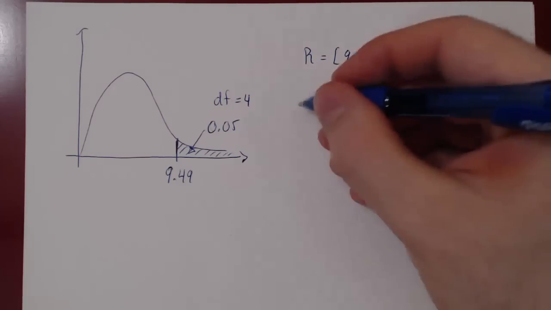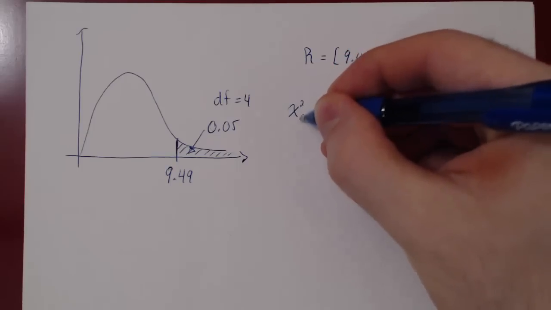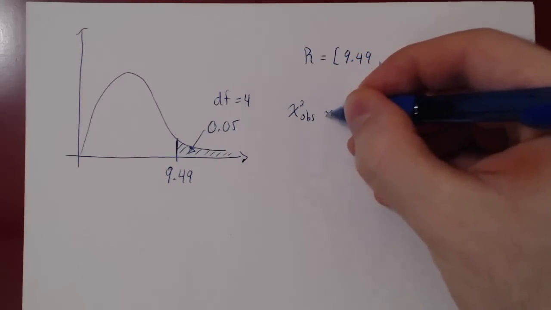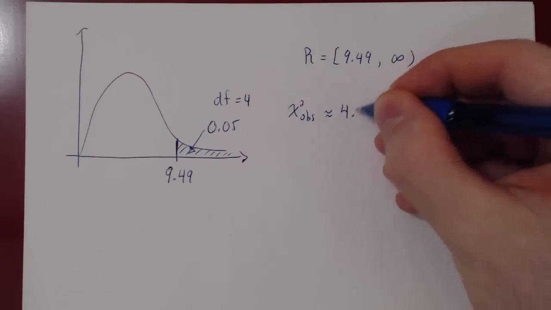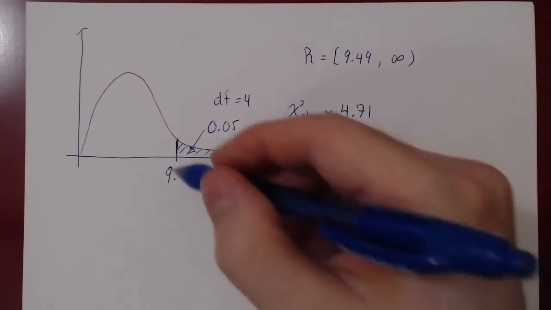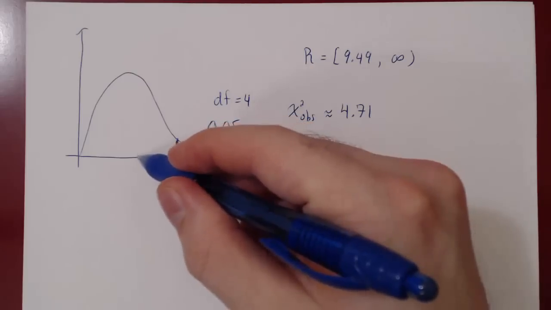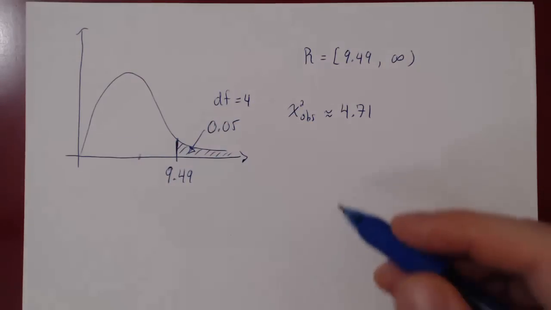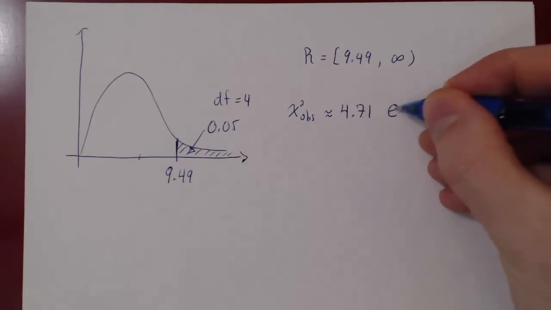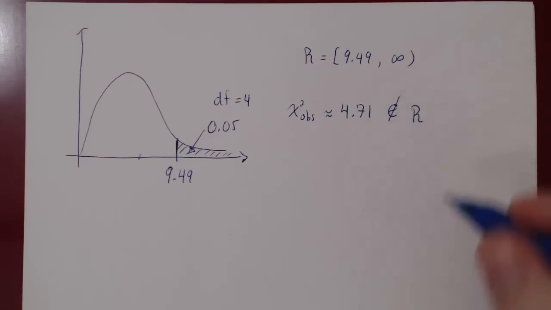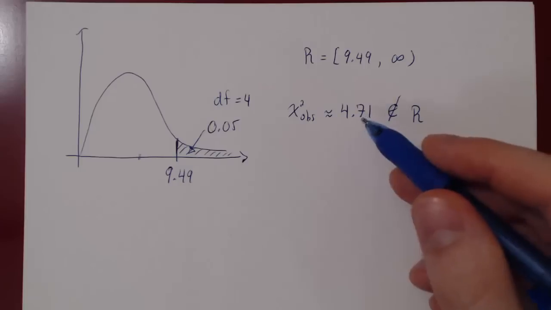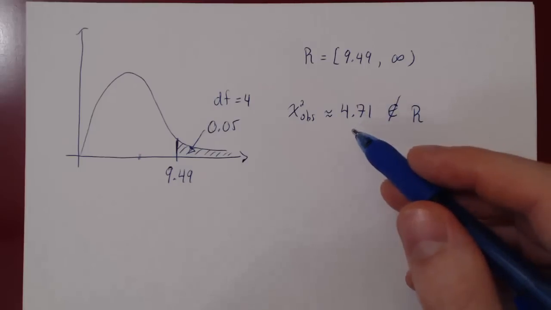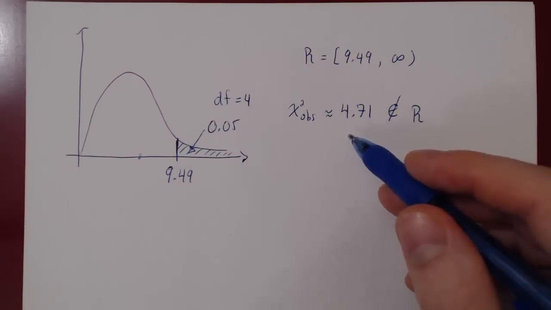Well, recall that our observed chi-squared value was approximately 4.71. And clearly 4.71 is less than 9.49, and so our observed value does not belong to the rejection region. So this is small enough. Therefore, on average, the observed values and the predicted values under H0 are close together.